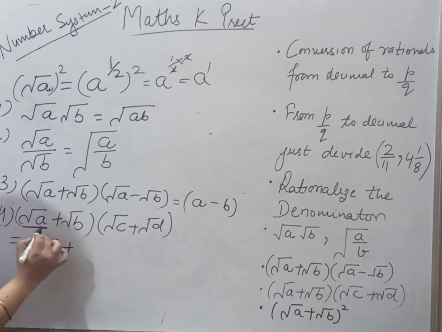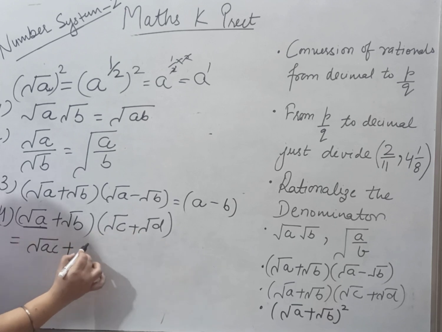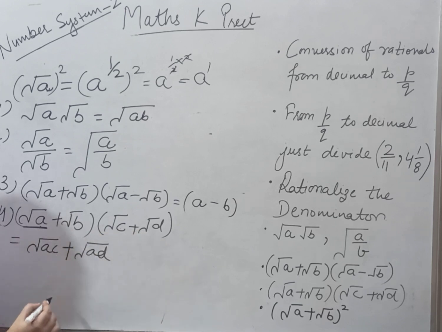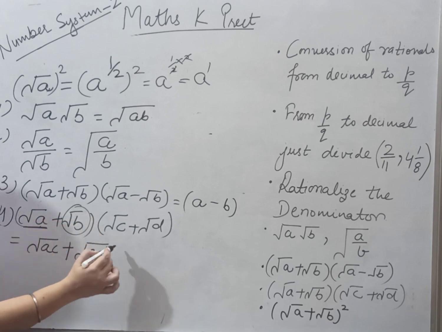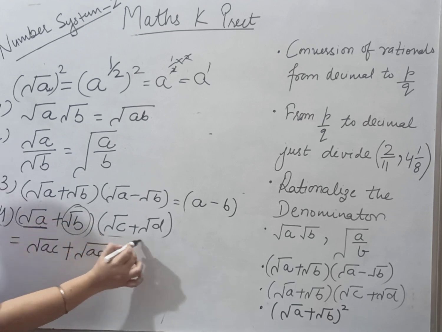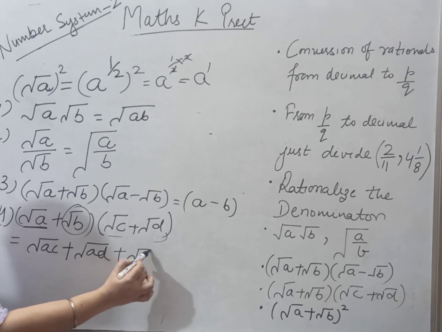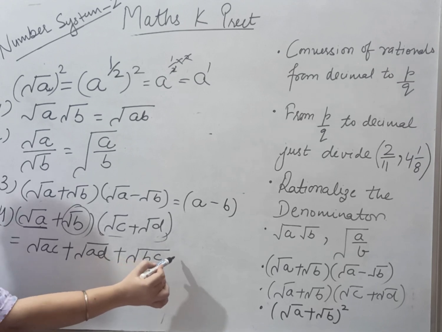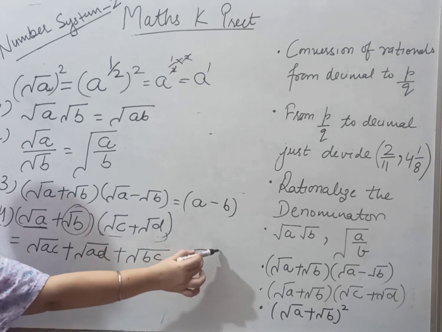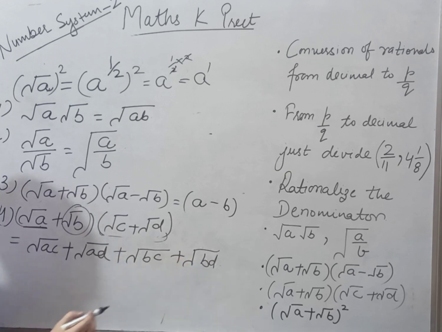Then positive sign, root a with root d will give us root ad. Now we will take the second number, root b, and multiply with these two numbers. Root b with root c will give us root bc and root bd. So this is the expansion for these two brackets.